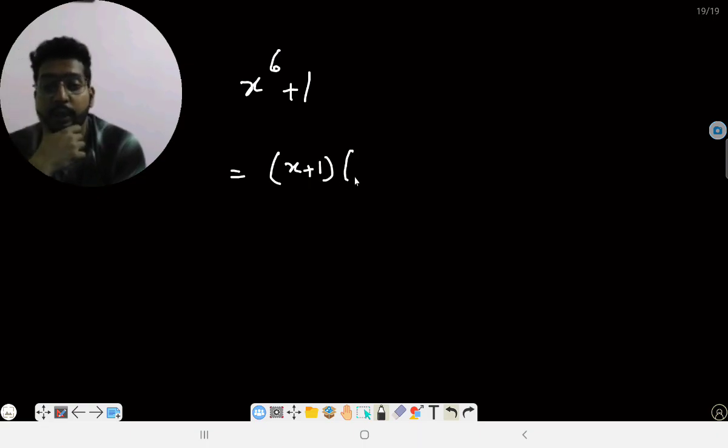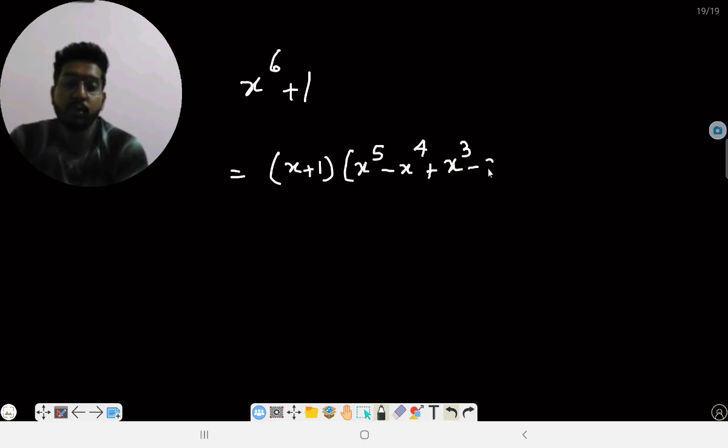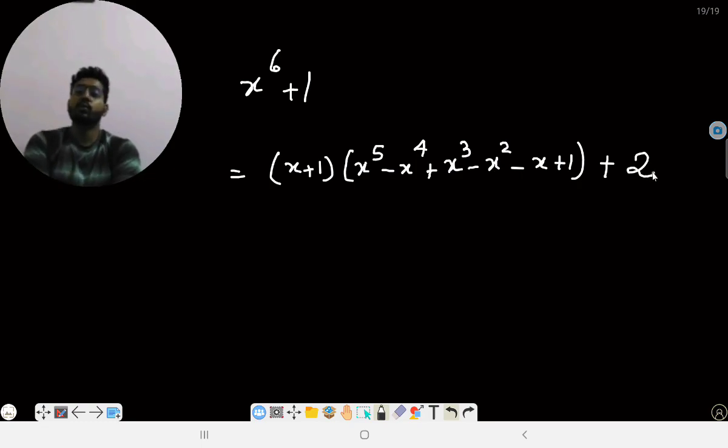That means x to the power 6 plus 1 can be written as x plus 1 into x to the power 5 minus x to the power 4 plus x cube minus x square minus x plus 1, and at the end there is a remainder, and the remainder is here 2. So x to the 6 plus 1 can be written as this.